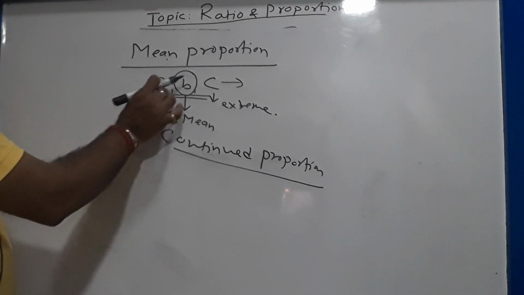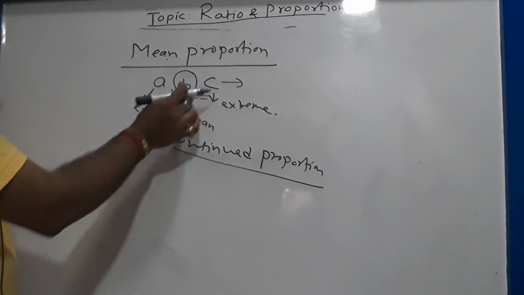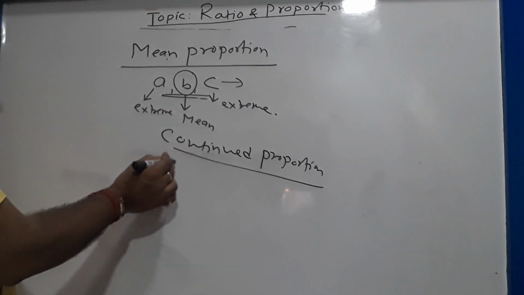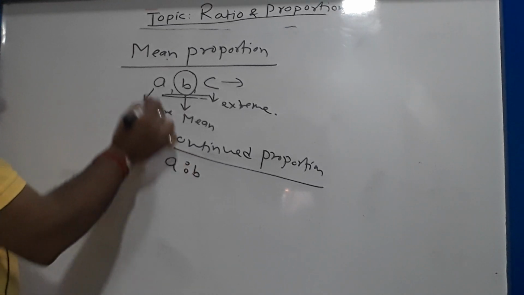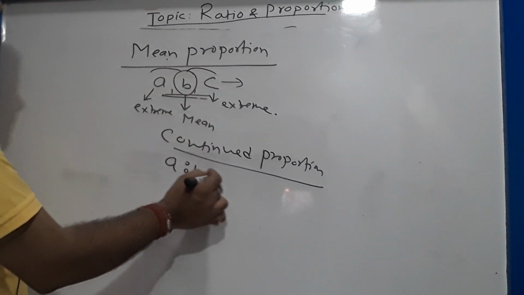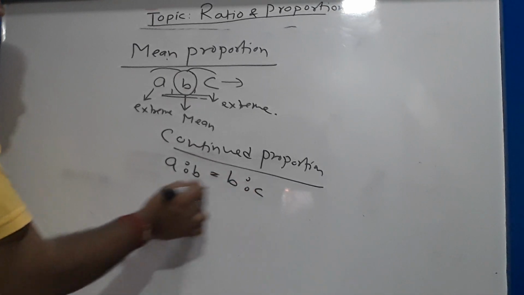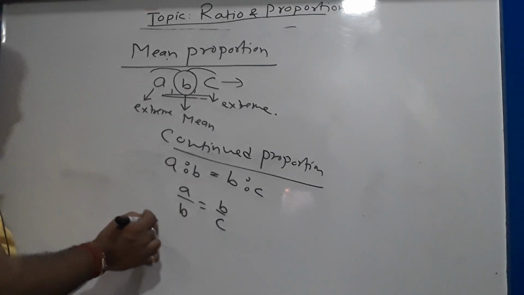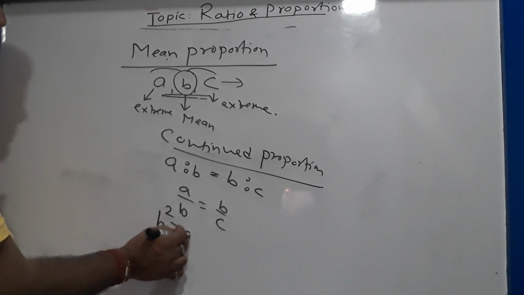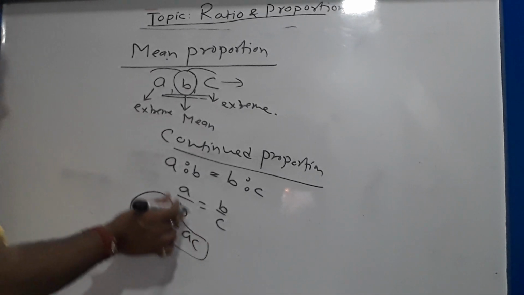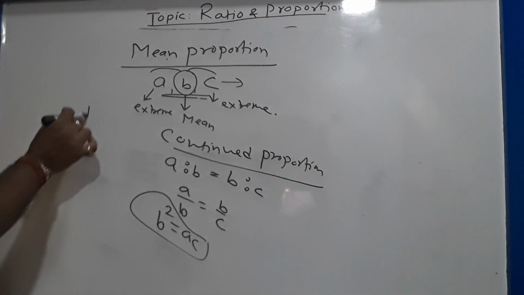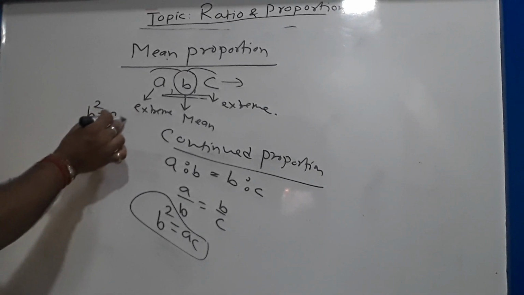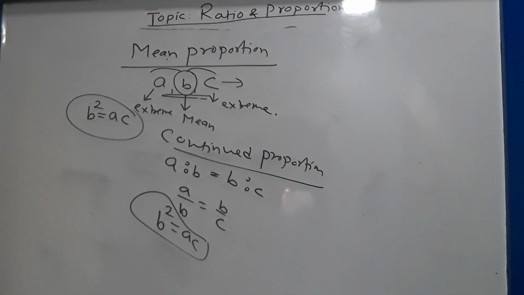A, B, C are in continued proportion, means A ratio B is equal to B ratio C. So A upon B is equal to B upon C. Cross multiply, you will get B square is equal to AC. So square of mean is equal to product of extremes.